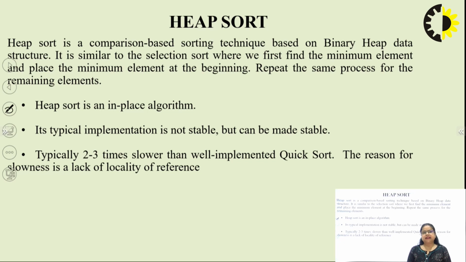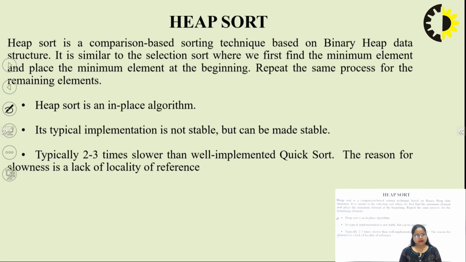Basically it is similar to selection sort, where we find the minimum element or the maximum element and place it at the beginning or the end of the list, depending upon whether we are arranging the data in ascending or descending order. And we repeat the same process until the remaining elements are in sorted order, right?